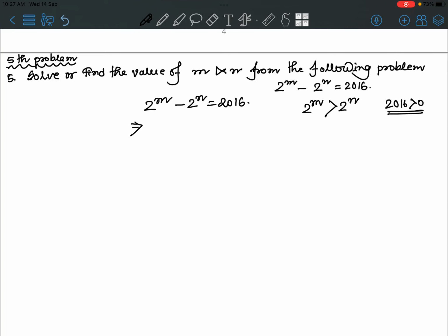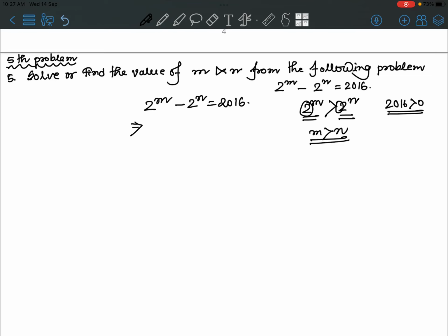That is why 2 to the power m must be greater than 2 to the power n. Because of that, m is greater than n, as the base is equal, so the power will also fulfill the same condition. So m is greater than n.